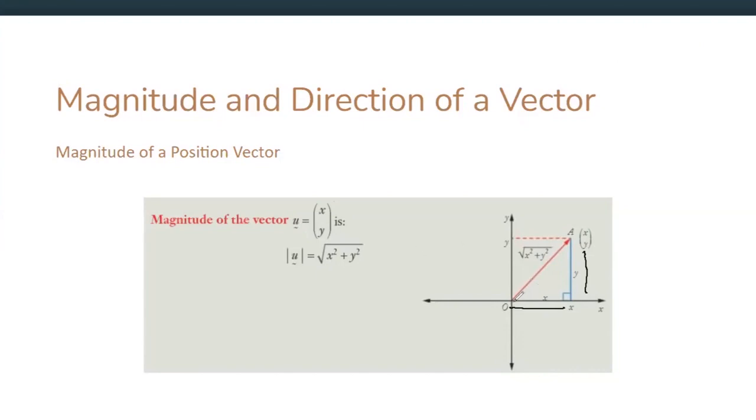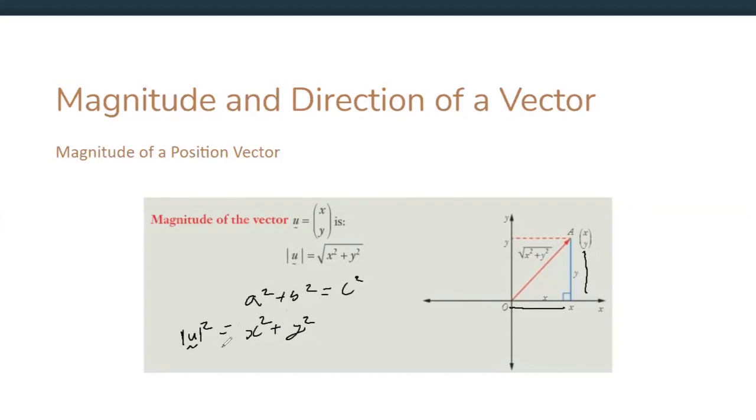And then from there, we can treat this like a triangle in Pythagoras' theorem, and use a squared plus b squared equals c squared, where our a is our x and our b is our y, so we get x squared plus y squared, and our length, or our magnitude, so our u with absolute value brackets around it, is squared. So that's where we get this expression from.